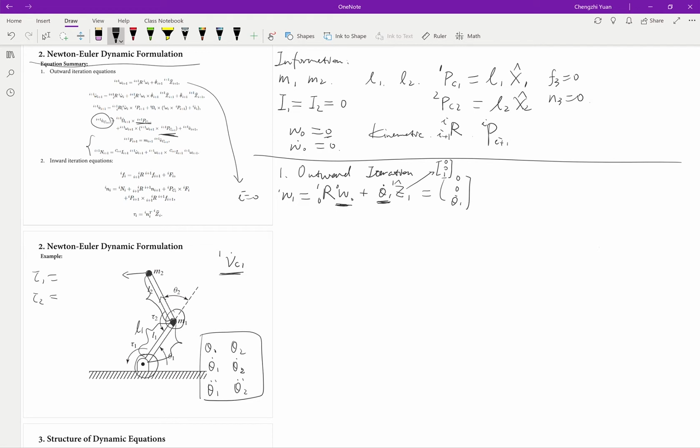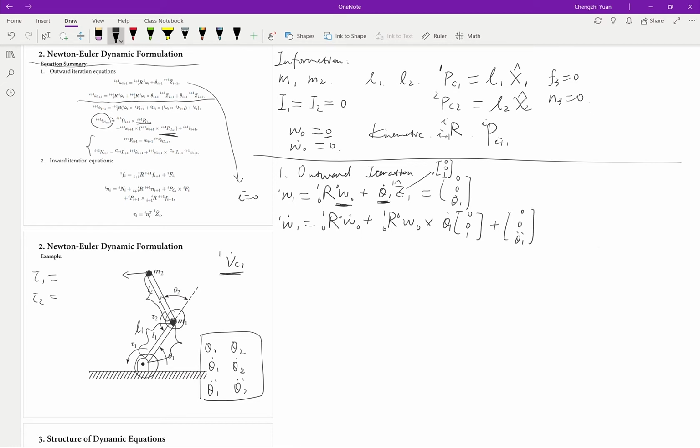Then the second equation, omega 1 derivative, the acceleration, will be equal to the rotation matrix 1 0 times omega 0 0 dot, following the second equation, plus r10 times omega 0 0 cross products angular acceleration theta 1 dot along the z-axis, which is 0 0 1, plus 0 0 theta 1 double dot.